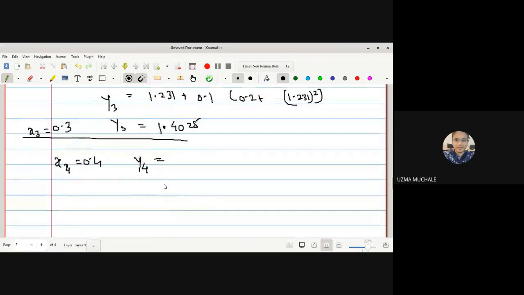And after that, you have to put it in the tabular values. Since here we have the values of x and y. What are the values of x? It starts with 0, 0.1, 0.2, 0.3 and 0.4. Corresponding values we got are 1, 1.1, 1.231 and the next we got is 1.402. Yes, the last one you have to tell me.